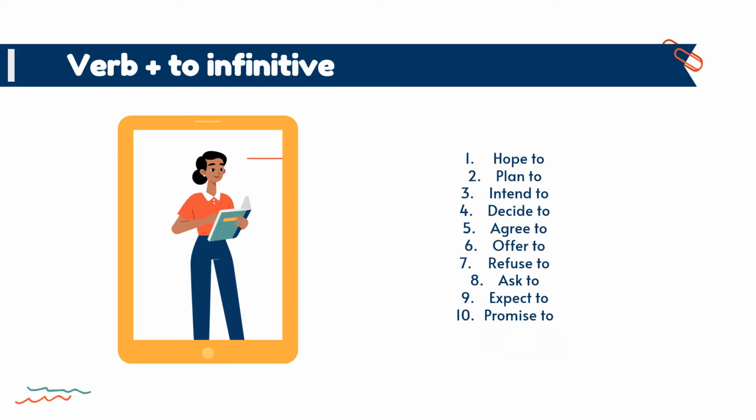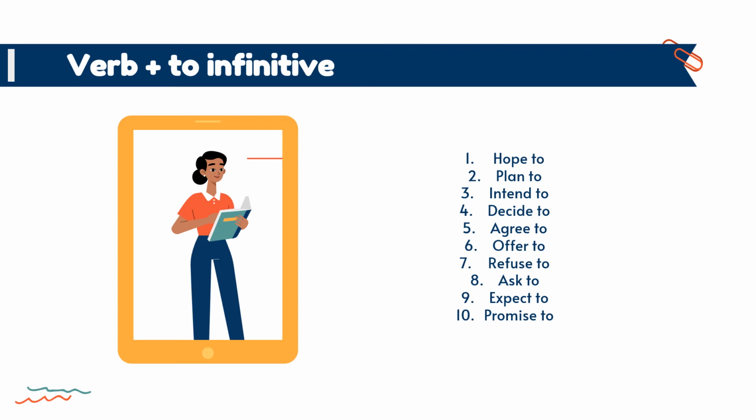And here are some verbs that can be used before to infinitive. The first is hope to, and plan to, intend to, decide to, agree to, offer to, refuse to, ask to, expect to, and promise to. I'll be giving some example sentences.